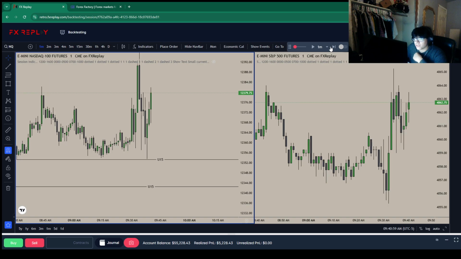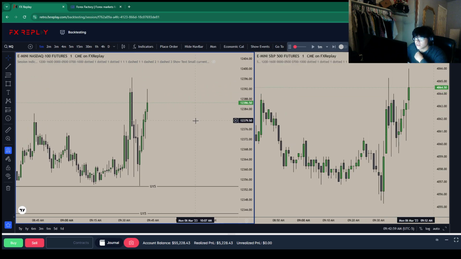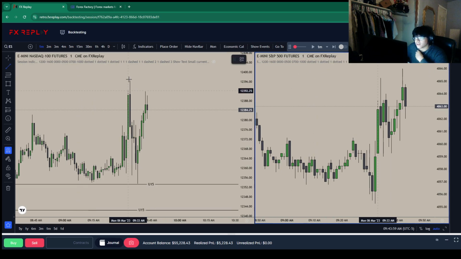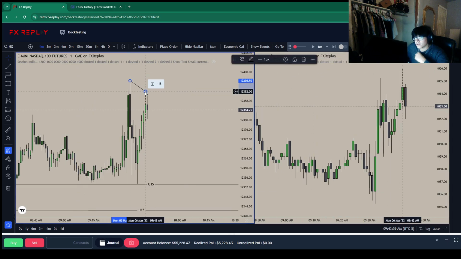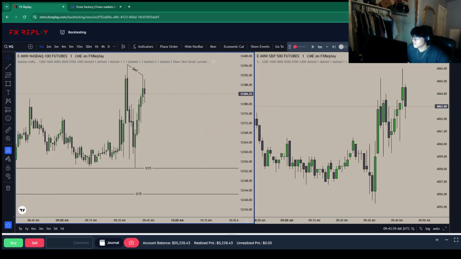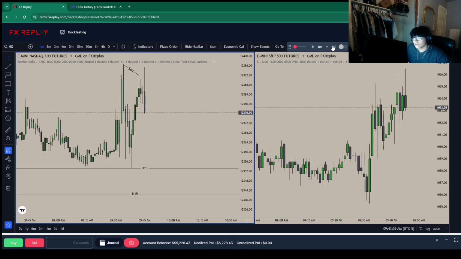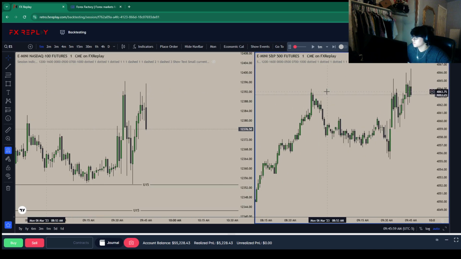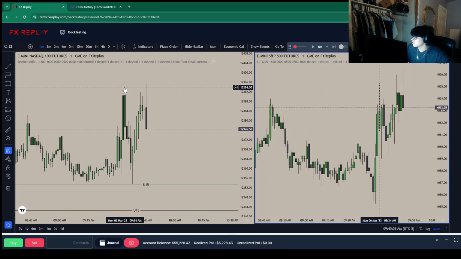All right, so I'm going to inverse back up. Possible SMT at the highs here if this can hold. Breaks it off here, and I still think it is.